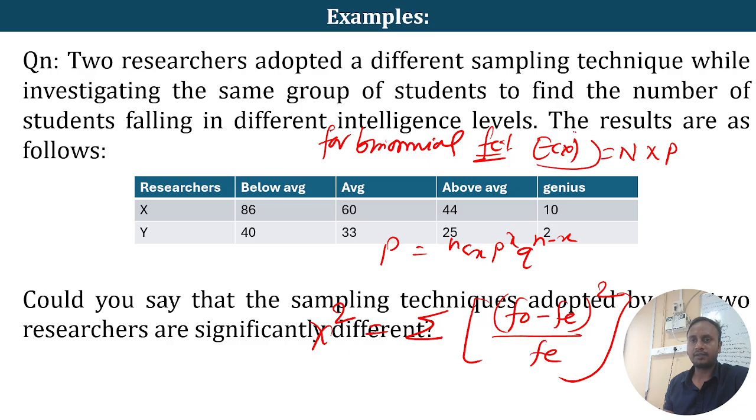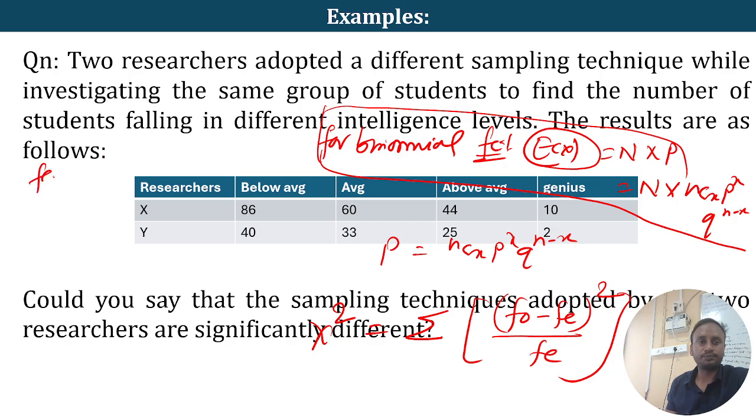But to fit the binomial, the expected value will become N into NCX P to the power X Q to the power N minus X. So that is the whole idea for the binomial.